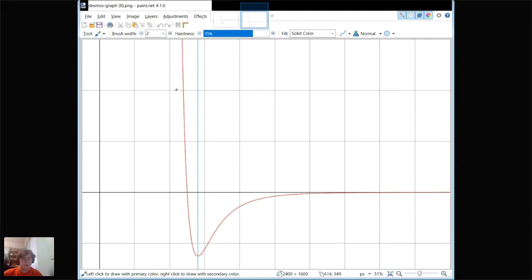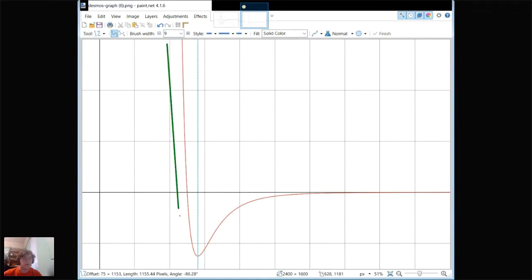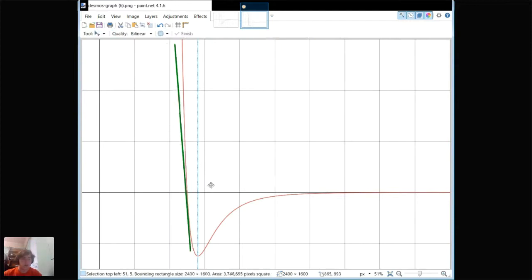So when we're talking about the slope of a graph at a point, I'll make this green actually. Green's probably going to be the most visible color. I'm just going to make a random line and then match it with somewhere on the graph. When we talk about the slope of a graph at a point, what we're really talking about is where the line kind of brushes on the curve.